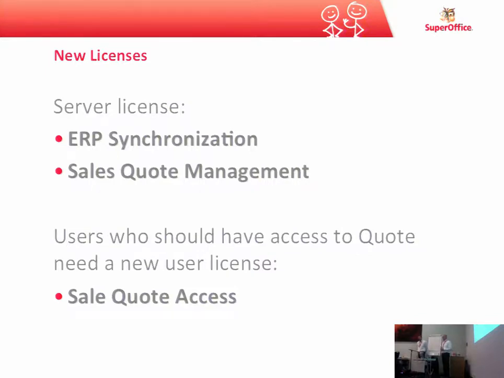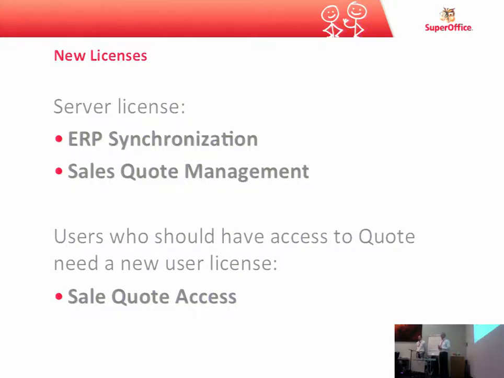And if you are going to integrate with an ERP system, you also need the integration server, which is 5,000 NOK or 630 euros, or the rental price 310 NOK or 40 euros. And in addition to this is what you have to buy from SuperOffice.